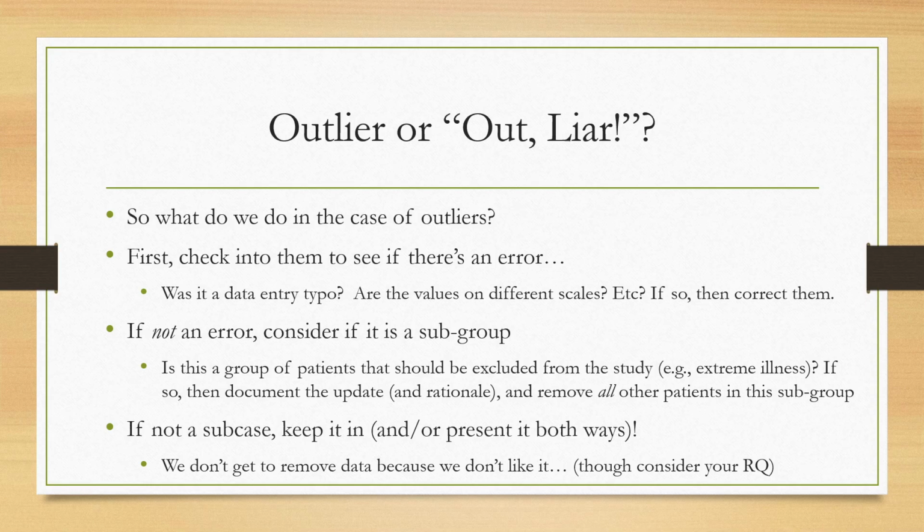I will say, in my experience, most outliers fall in the first two bullet points: either it was a typo or it's a subgroup that we didn't account for at the beginning of the study. Most outliers in my experience are in one of those two classifications. If it gets to the third classification, in several cases, if not the majority of cases, I actually think it probably is a subgroup.